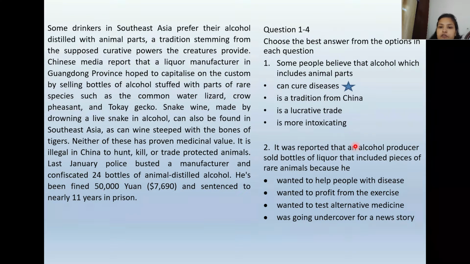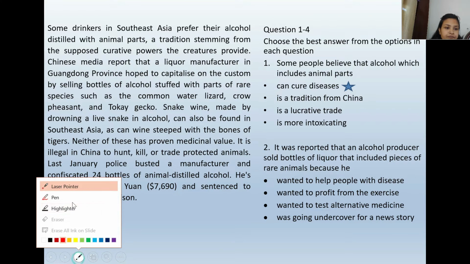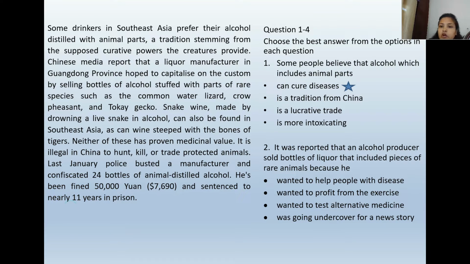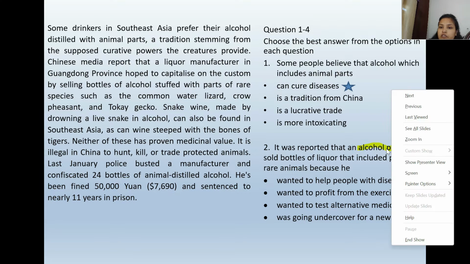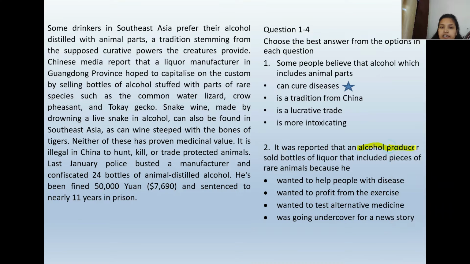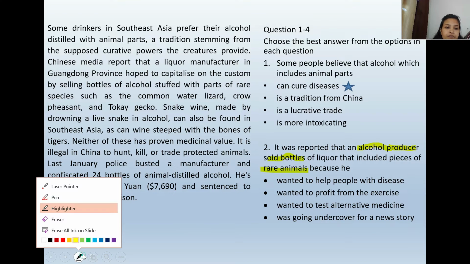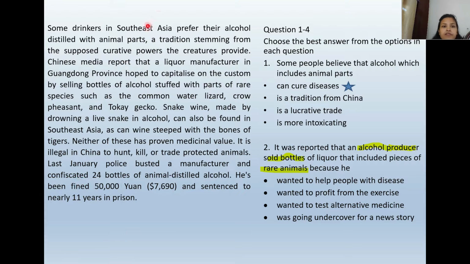Let's see. It was reported that alcohol producers sold bottles of liquor that included pieces of rare animals. These are the keywords: alcohol producer, what he did, sold bottles of liquor with rare animals in them. So let's read the paragraph.